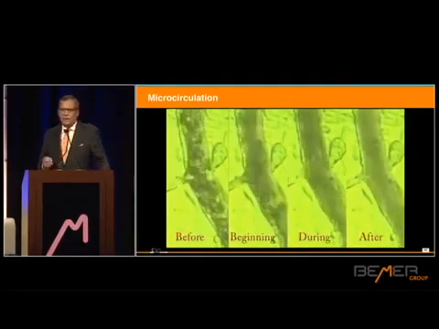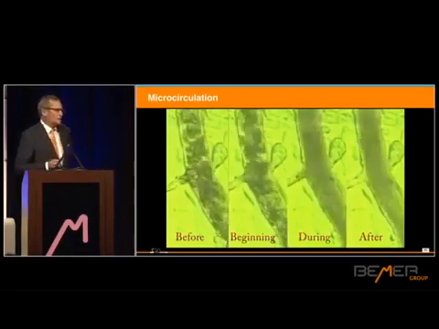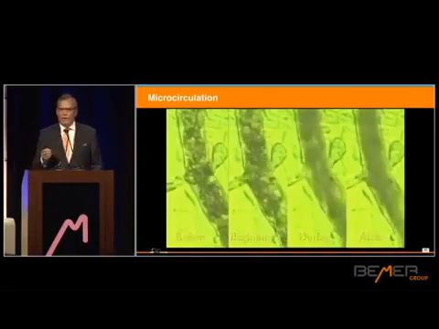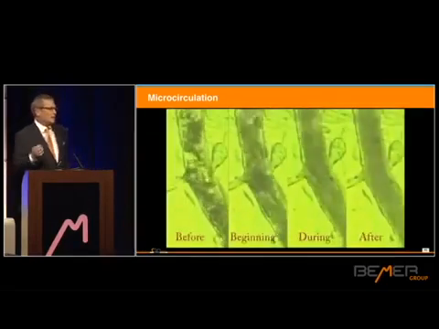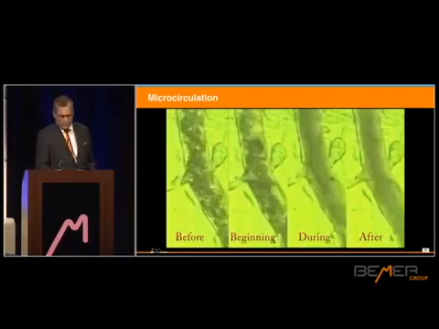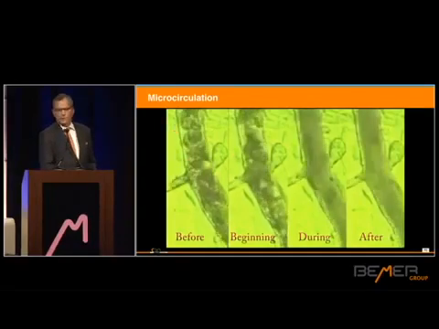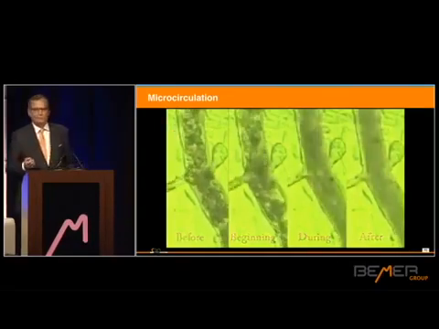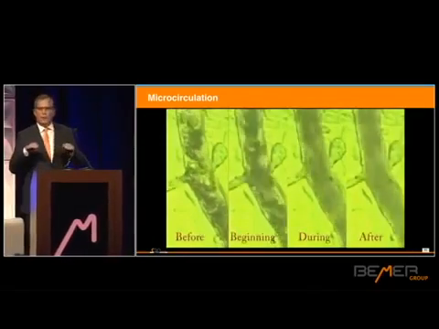The microcirculation is vital in providing oxygen, nutrients, to every cell, to every tissue, to every organ, including in this case, in the person having a heart attack. So on the left, you can see this flow here is pretty sluggish. And I use the analogy of sort of like a traffic jam in LA.